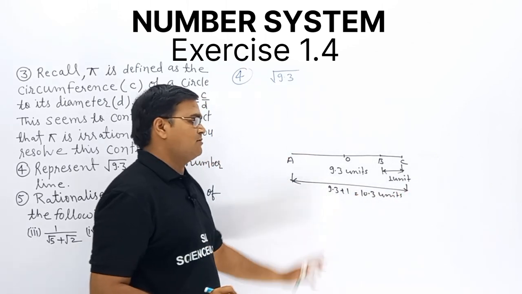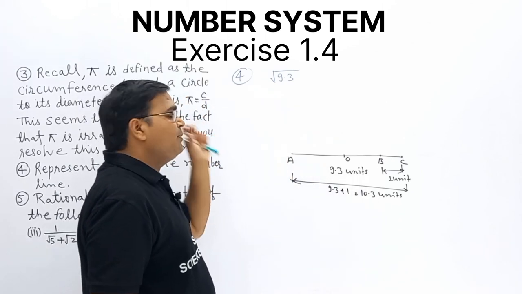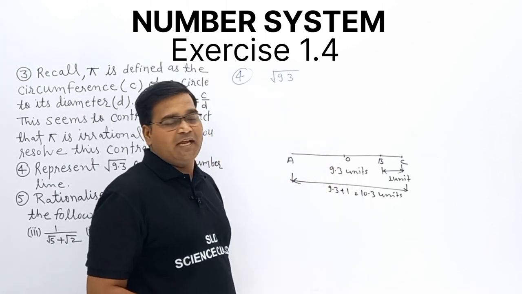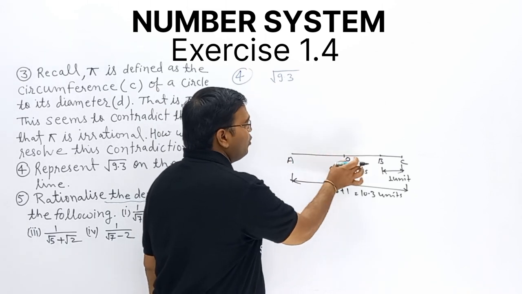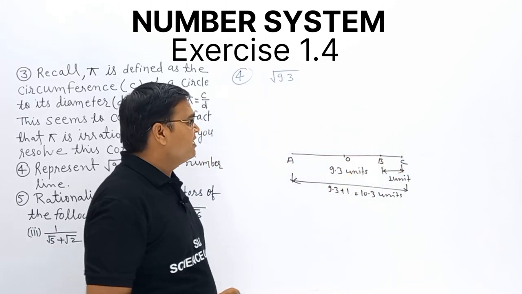Half of 10.3 will be used for AO; OA and OC will be the same.